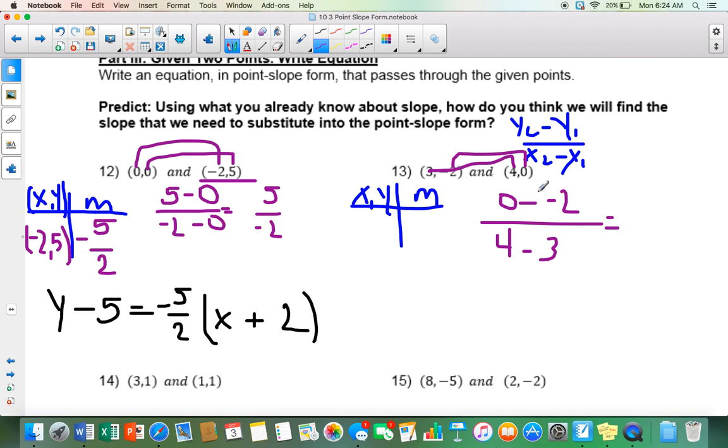So we know 0 minus a negative is 0 plus 2 over 4 minus 3 is just 1. So we know that simplifies to 2. So from here, I go ahead and I write my m is 2. And I can use either one of these points. I'm going to use 3, -2.